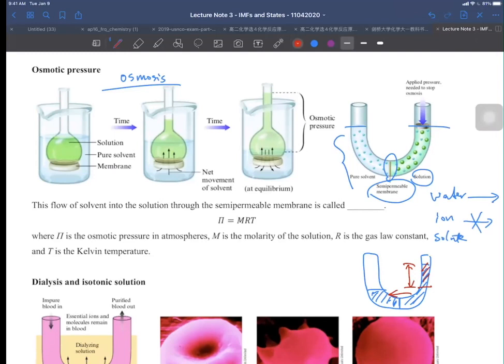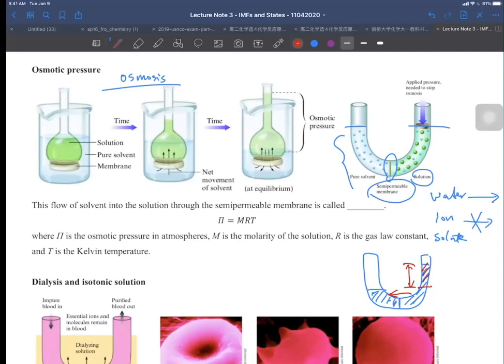We call this pressure the osmotic pressure. I should say the solution has a higher osmotic pressure than the pure water, because the solution side has a higher pressure right now, right?